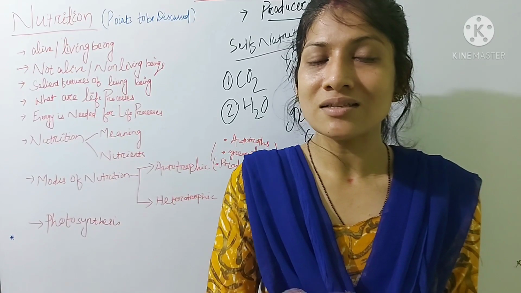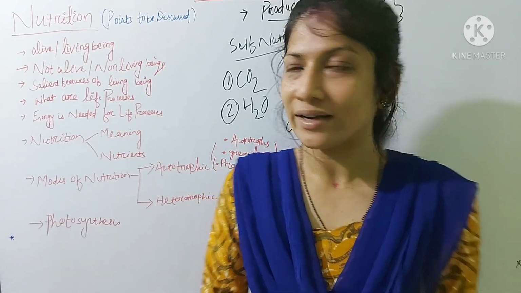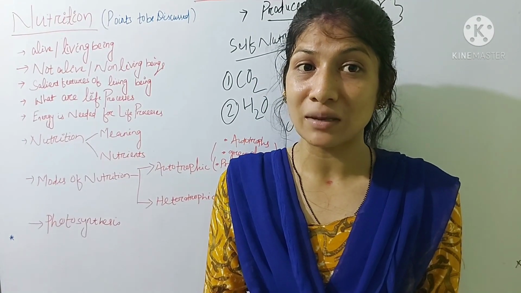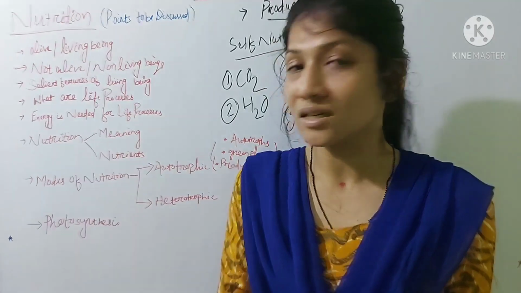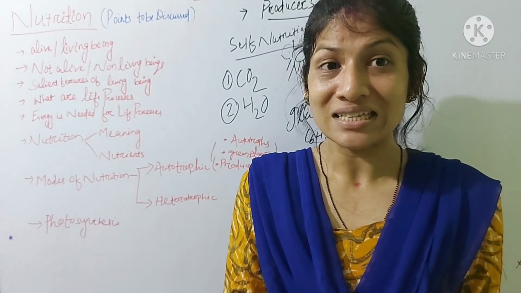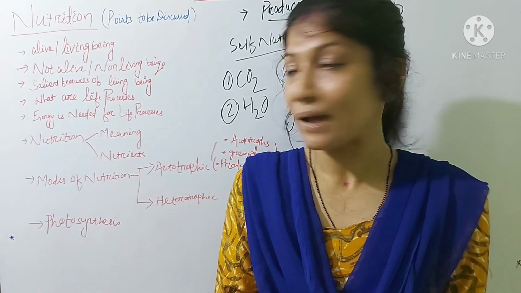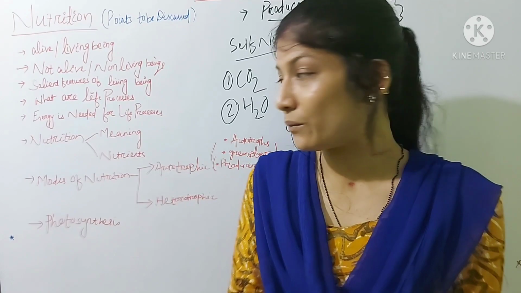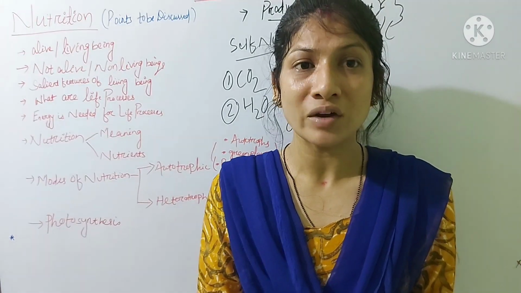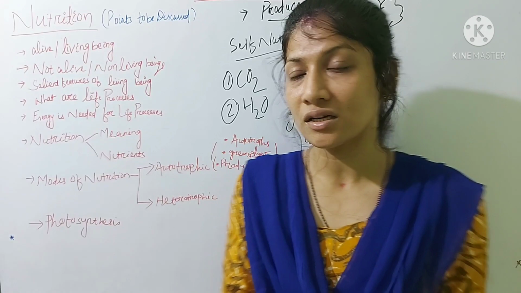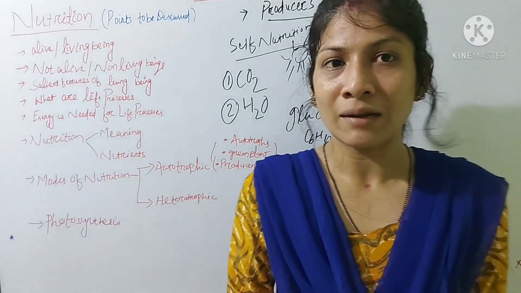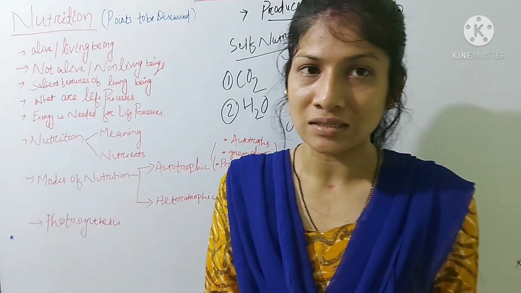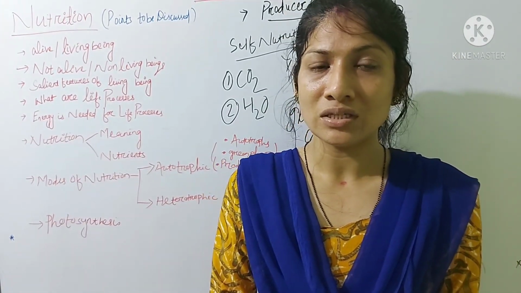Okay, so this is the basic class for today. Today we have already discussed what is alive, what is not alive, then what are the salient features of the living beings, what are the life processes, energy is needed for the life processes, nutrition, its meaning, what is a nutrient, what are the different varieties of nutrient, what are the modes or types of nutrition, that is the autotrophic mode of nutrition and the heterotrophic mode of nutrition, that means the self nutrition and the other mode of nutrition, and finally the photosynthesis process and some producers.